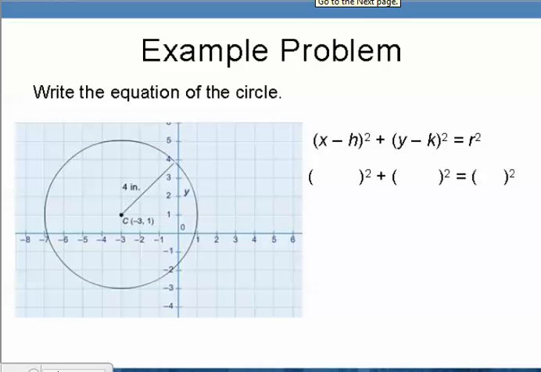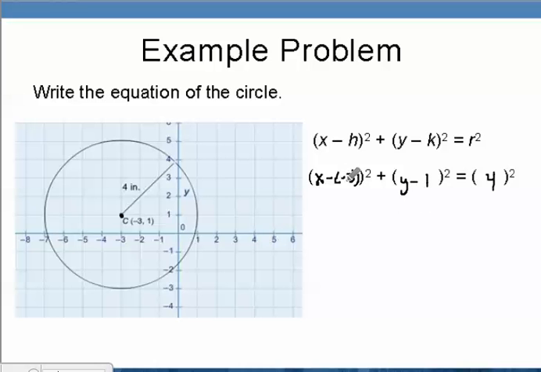Okay? How about this circle here? We're looking at a center that's at (-3, 1). So I can put that value in for my h and my k. I can say x minus a negative 3, plus y minus a 1, is equal to, well, it's 4. They gave me the radius of 4 there, right? Yeah, 4. So that'd be 4 squared.